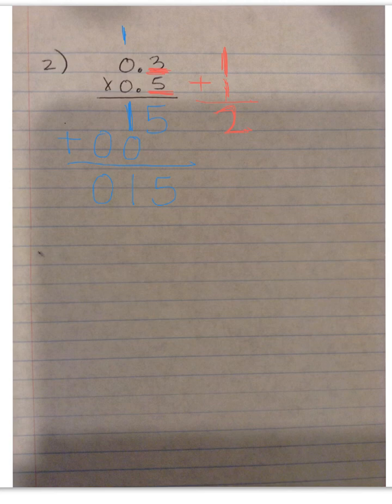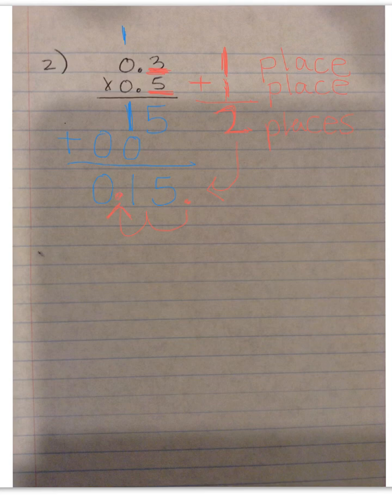So in 0.3, we had one place to the right of the decimal. In 0.5, we have one place to the right of the decimal. So in our answer, we're going to have 2 places that we move the decimal, but we're going to go the opposite direction in the answer. So we're going to go left. So you put the decimal at the end, or imagine it there, and you move it 2 places, 1, 2, and it goes right there between the 0 and the 1.